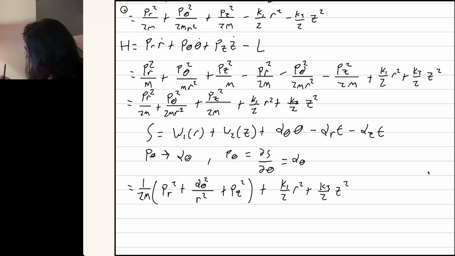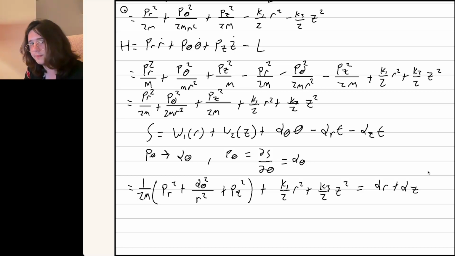In the Hamilton-Jacobi equation, this will be equal to alpha r plus alpha z. Awesome. So this is a partly separable Hamilton-Jacobi equation. You want to separate the stuff that depends on r from the stuff that depends on z, and then solve for the integrals.